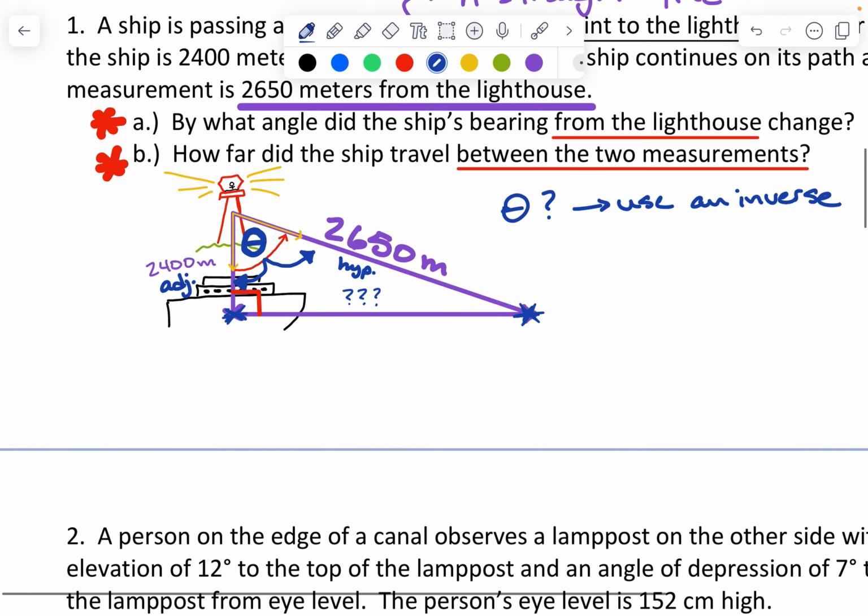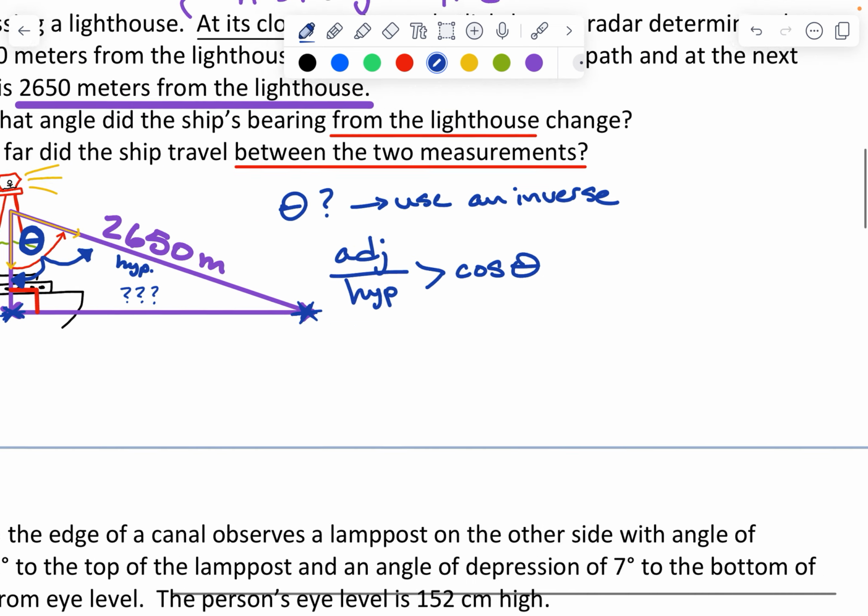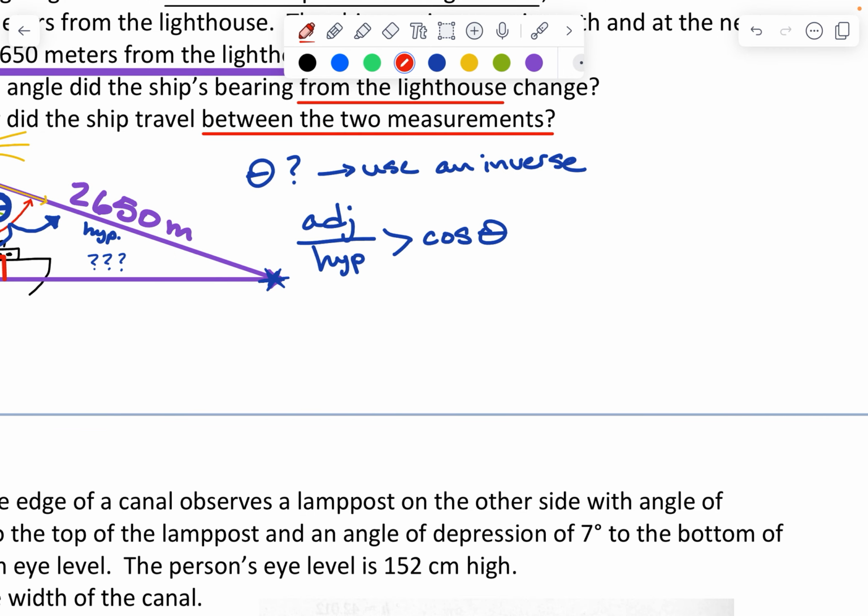So we know the adjacent and the hypotenuse, we would ask ourselves which trig function uses those two things. So that is cosine. Cosine of theta is going to be the adjacent over the hypotenuse. So that means cosine theta is the adjacent side over the hypotenuse.